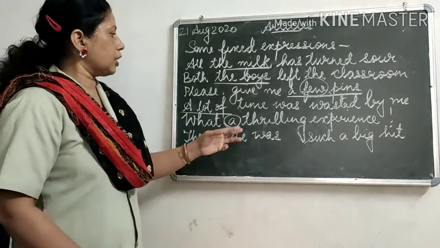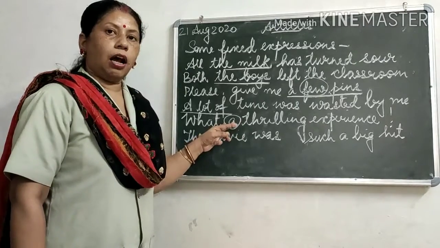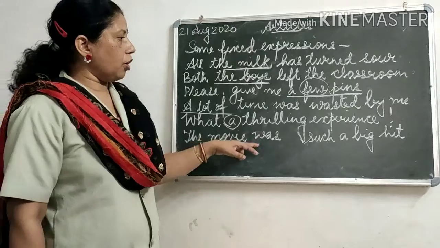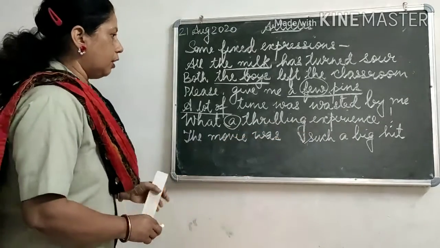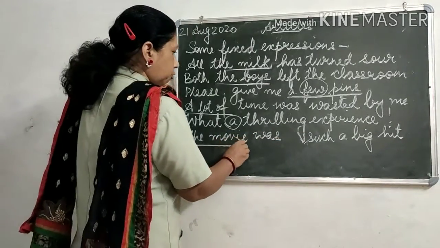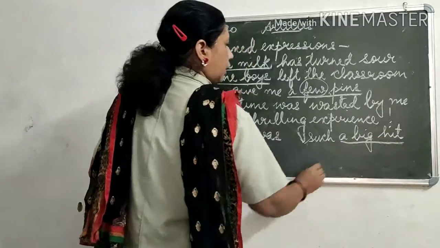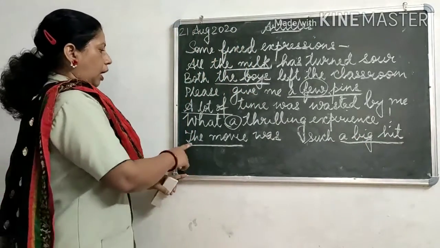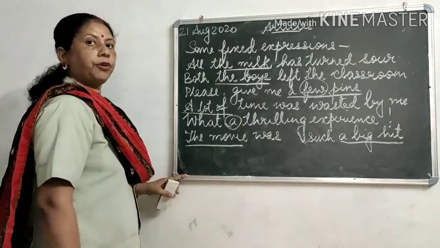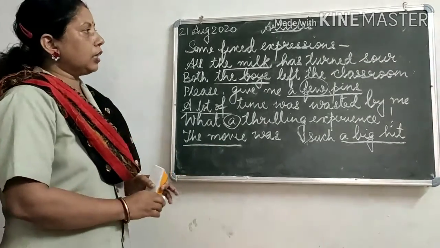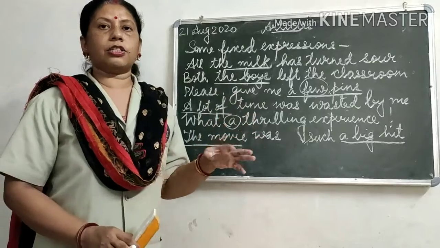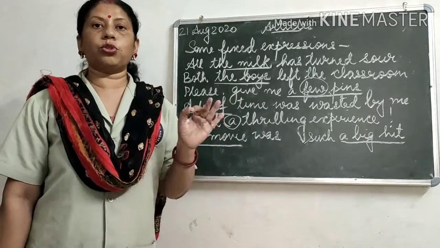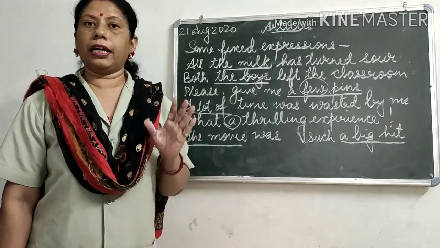So before this adjective I am using this article a. Then the movie was such a big hit. So now here the movie, a big hit. Now here before the adjective I have used a, and here before the noun I have used the. So in these certain cases we will be using the articles required according to what the sentence demands.